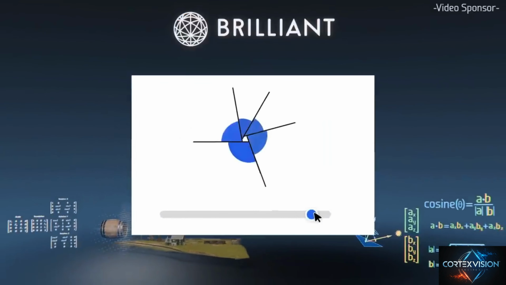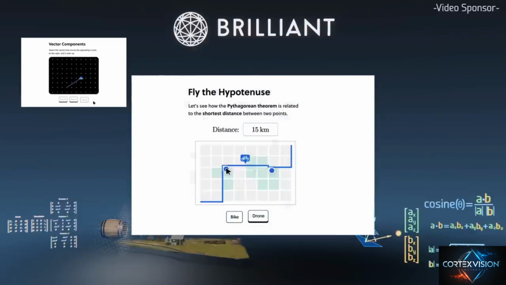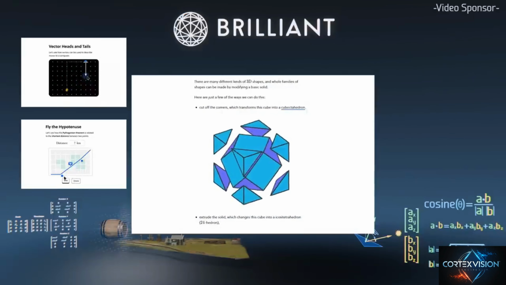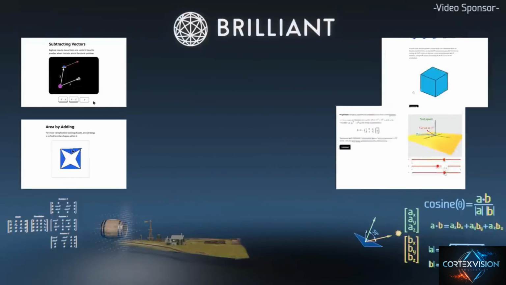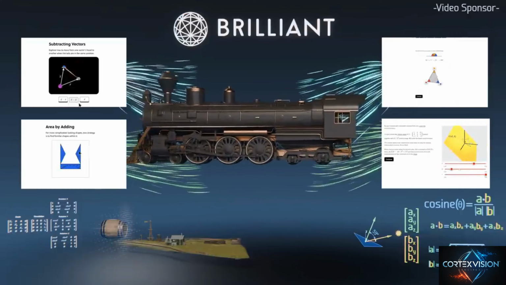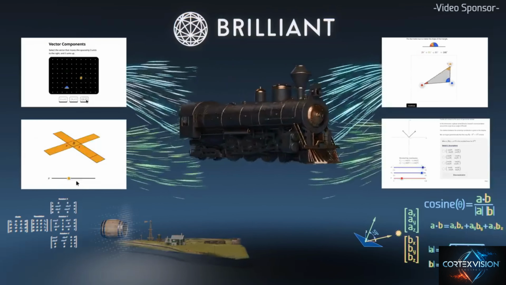Rather fittingly, Brilliant.org has entire courses on vector calculus, trigonometry, and 3D geometry, as well as courses on linear algebra and matrix math, all of which have direct applications to this video and are needed for you to fully understand graphics algorithms.